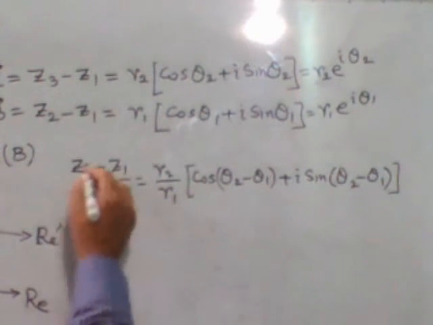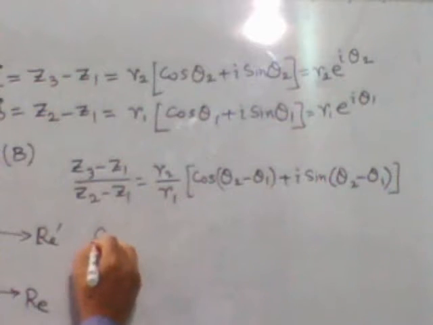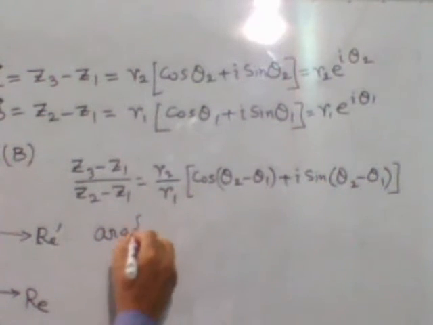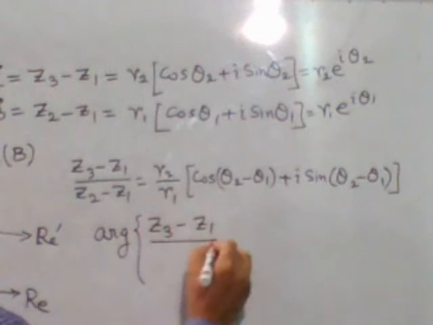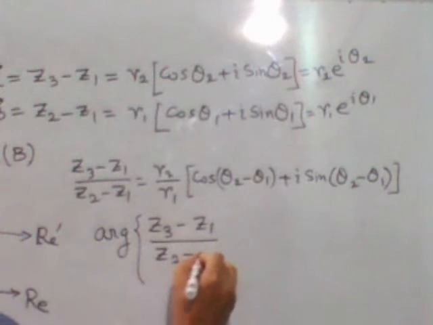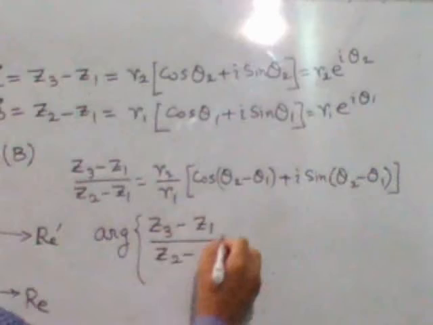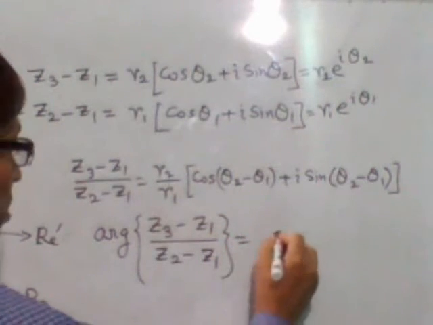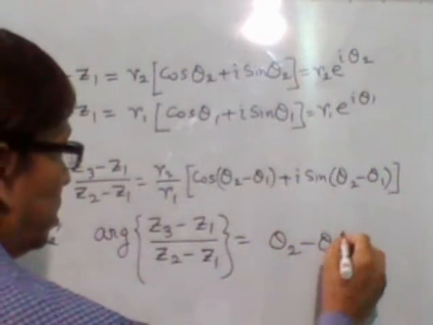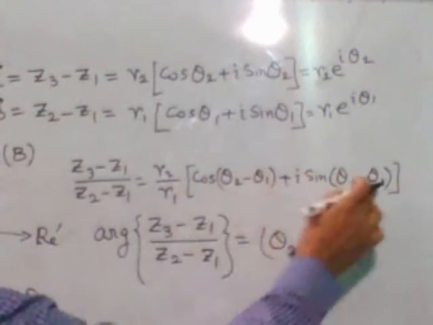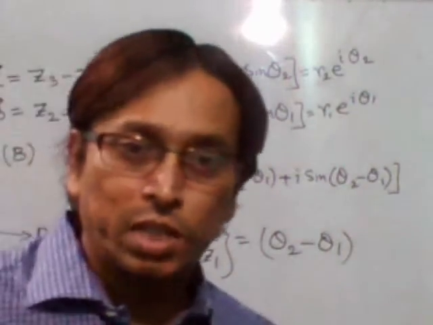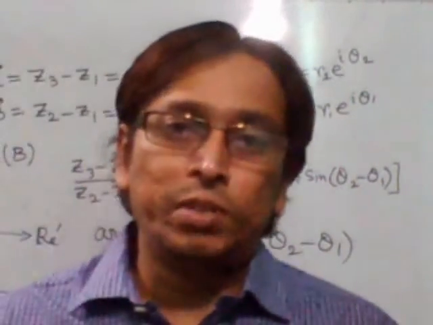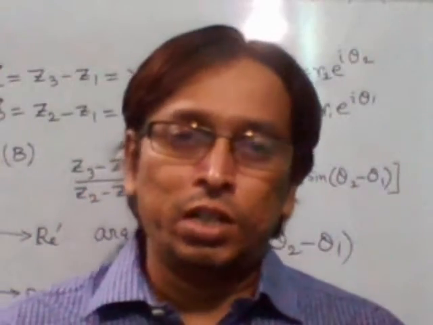If we write the argument of Z3 minus Z1 by Z2 minus Z1, this will be actually θ2 minus θ1, because the argument of this vector is θ2 minus θ1. For understanding argument, you have to see my previous classes, where I have described what an argument is.